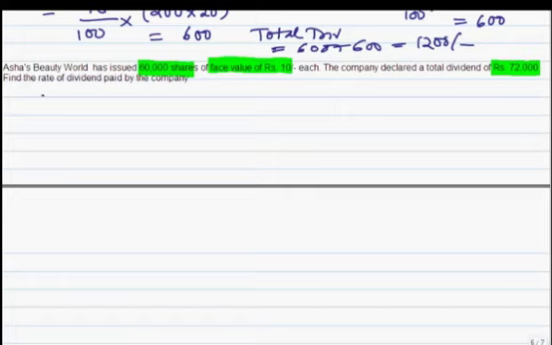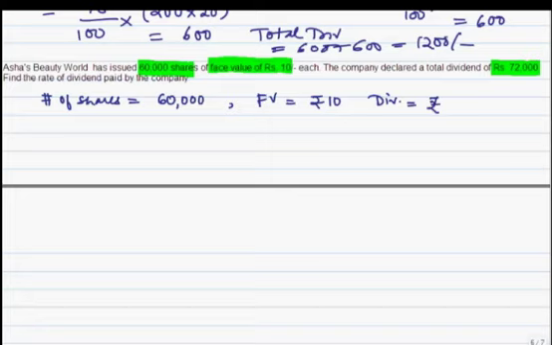The information given here is how many number of shares Asha Beauty World has issued: 60,000. What is the face value of each share? The face value is rupees 10. What is the total dividend which the company has offered? The total dividend is rupees 72,000.